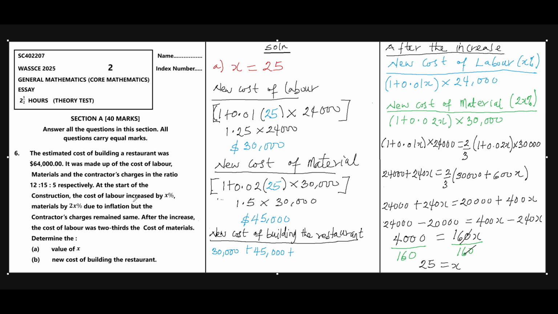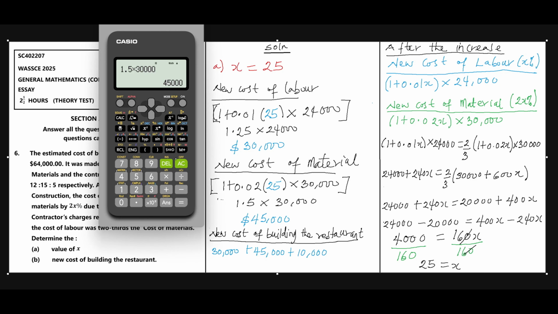Remember, we were told that after the increase, the contractor's charge remained the same. During the initial stage, the contractor's charge was $10,000, so it is still $10,000.